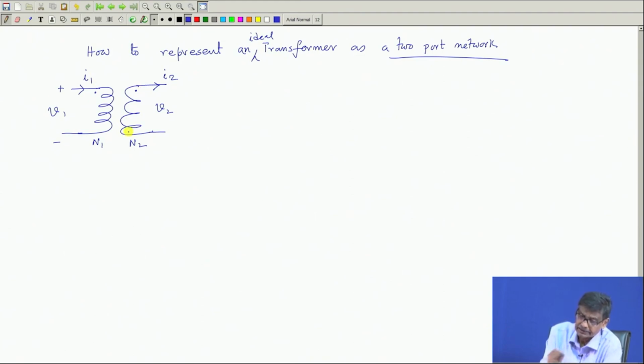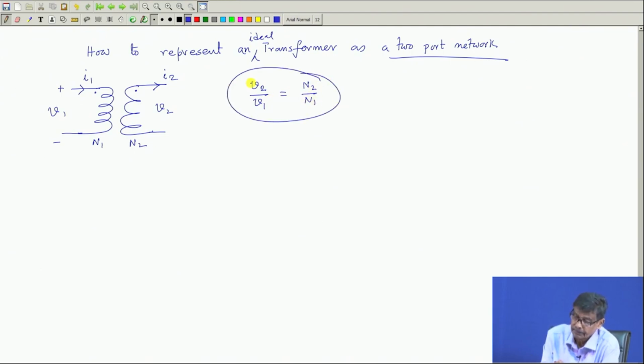If you write like this, then we know that V2 by V1 is equal to N2 by N1, is it not? This is one equation.